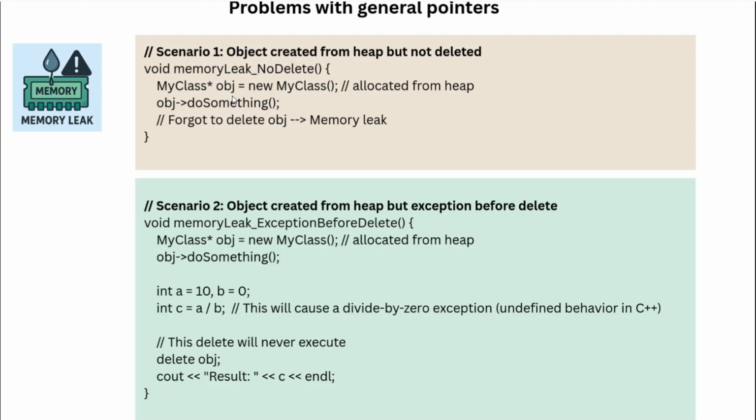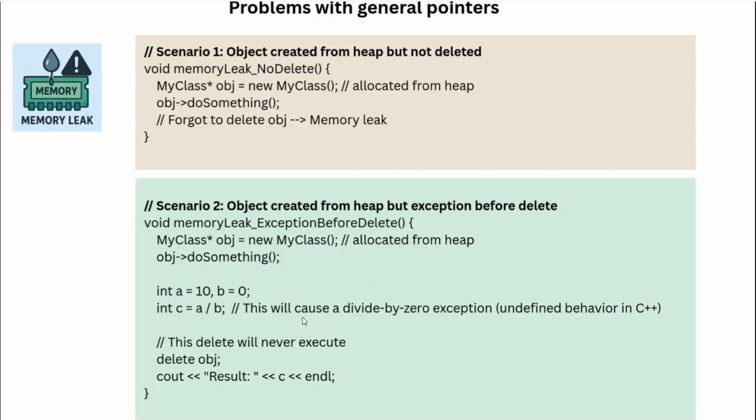In scenario one, I created a new object of my class in this function, but before returning from the function I am not freeing it. So whenever you call this function many times, many objects will be created which are not getting freed, and your heap will be polluted or may overflow.